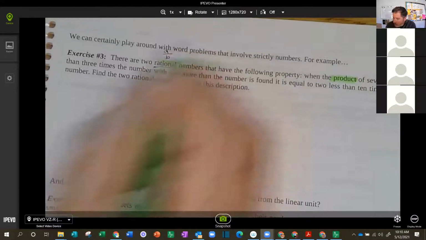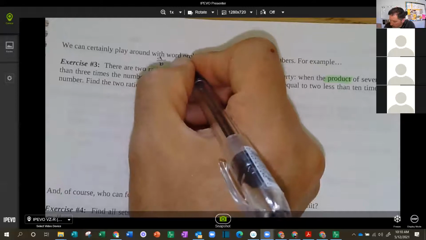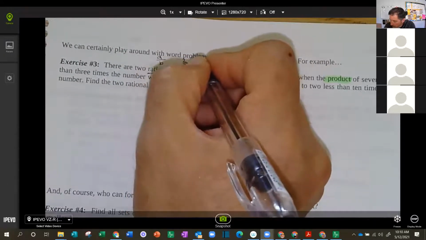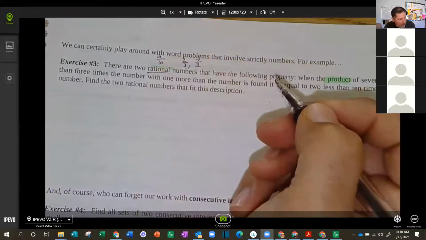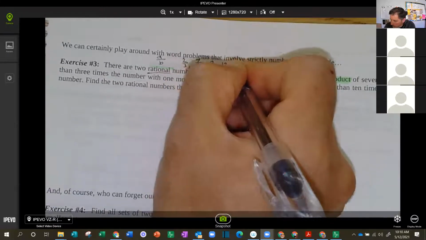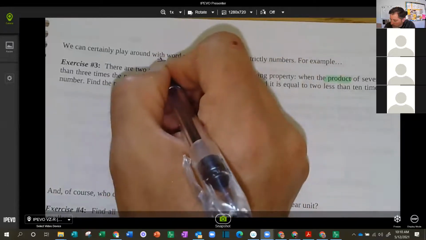We learned that rational numbers mean something, and I'll tell you what that means. It means it could be a fraction like 2/3. It could be a fraction like 7 halves. A rational number could be just the number 2 or 12. All right. These are all rational numbers. Okay.